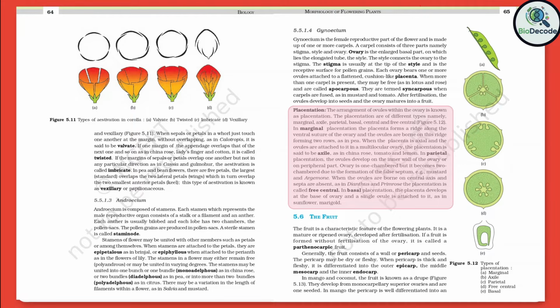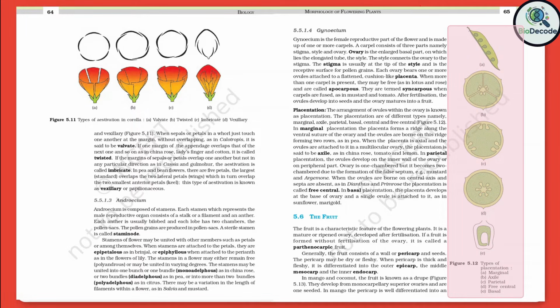Ovary is 1-chambered, but it becomes 2-chambered due to the formation of the false septum, for example, mustard and argemone. When the ovules are borne on the central axis and septa are absent, as in dianthus and primrose, placentation is called free central. In basal placentation, the placenta develops at the base of the ovary and a single ovule is attached to it, as in sunflower and marigold.